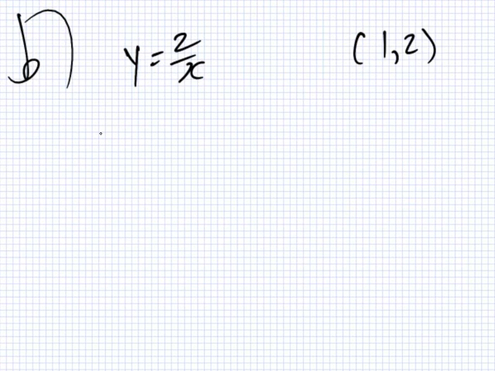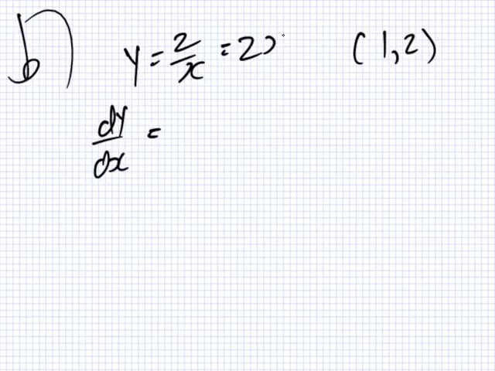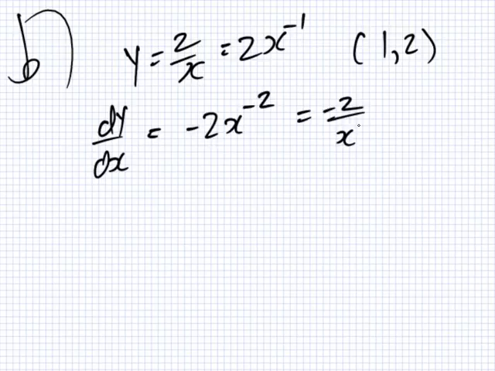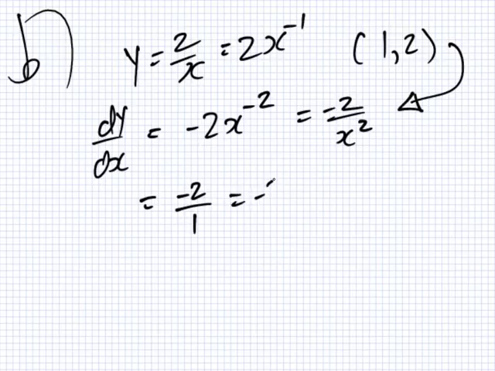Okay, so what's the derivative here? This is 2x to the minus 1. So the derivative is minus 2x to the minus 2. It's minus 2 over x squared. I'll put this in. So I get the derivative is minus 2 over 1, which is minus 2. So the m is minus 2.